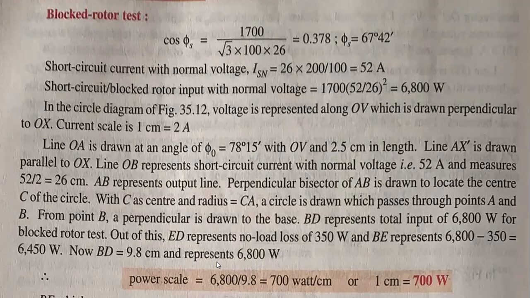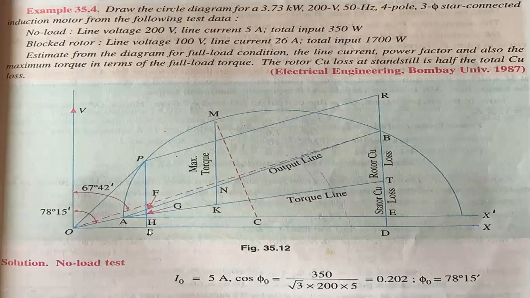Okay, see here in the circle diagram, voltage is represented along OV, which is drawn perpendicular to OX. So this is OV. This is OX, which is drawn perpendicular to OV. Along OV, we are drawing a perpendicular line OX.